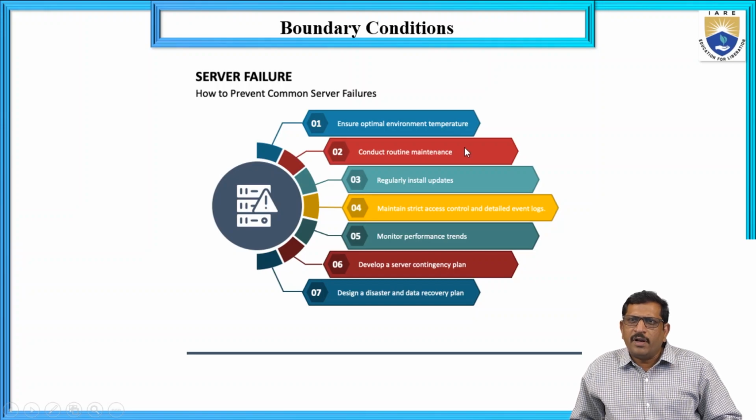Based on the server's smoothness, we have to conduct routine maintenance. Maintenance should be daily, weekly or monthly. We have to keep the server or system clean. The next one is to install regular updates. If there are any updates, we have to install them on the server.